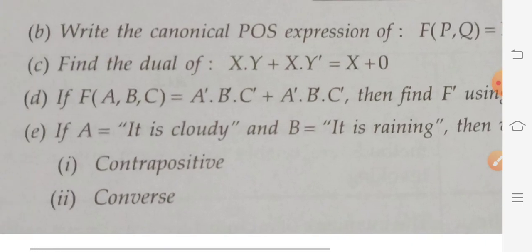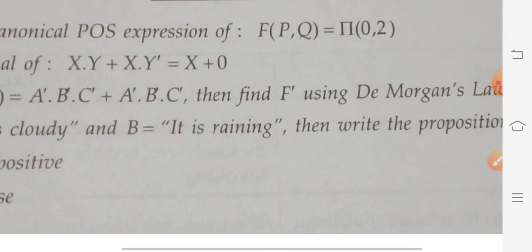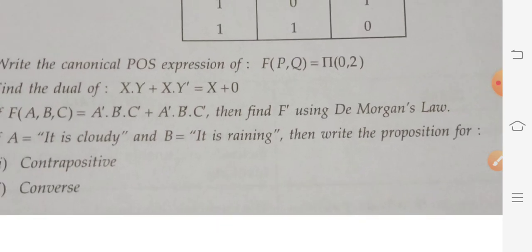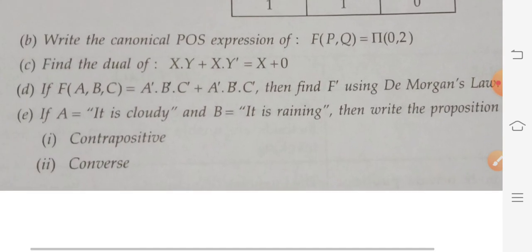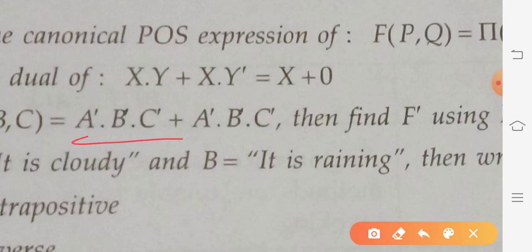Now D, if F(A, B, C) = A'B'C' + A'B'C', then find F complement using De Morgan's. Here actually both the terms are the same.